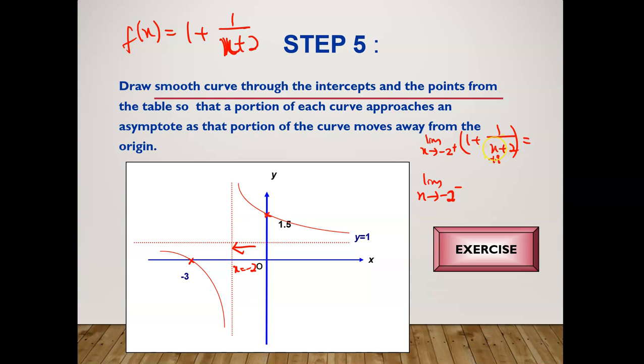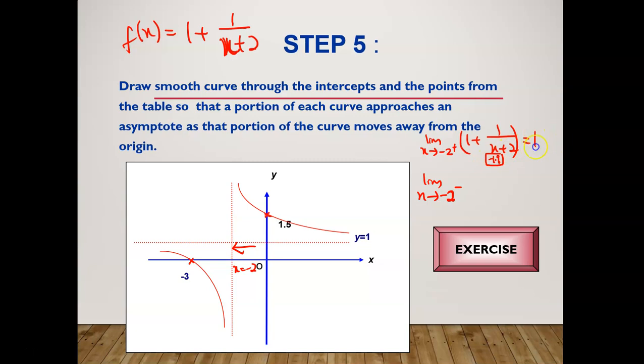Meaning that -2 plus 2 is approaching 0, but is that approaching 0 a positive or negative value? Usually I will substitute any value near -2 from the right hand side. For example, -1.9. So 2 minus 1.9 is a positive value.